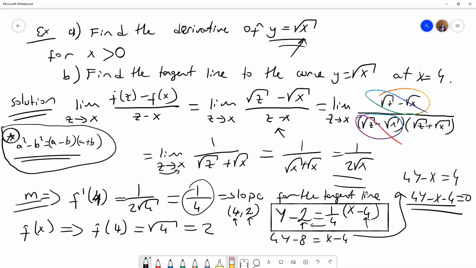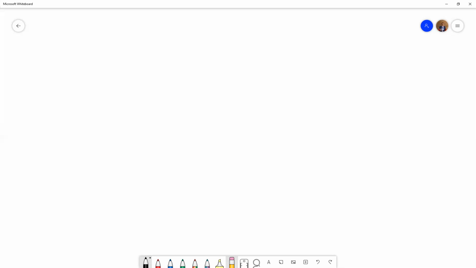Yeah. Next one. I said that in the following time I would write the notations. So now I'm going to write some notation here. Notations. F prime x is equal to y prime.